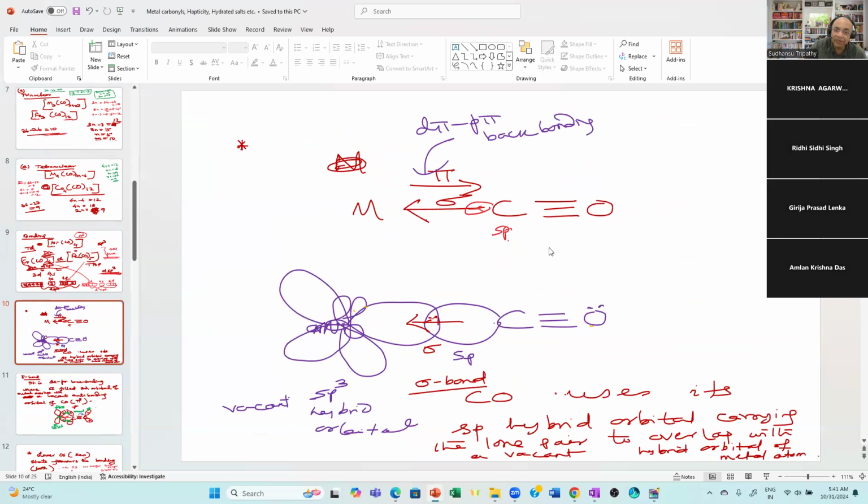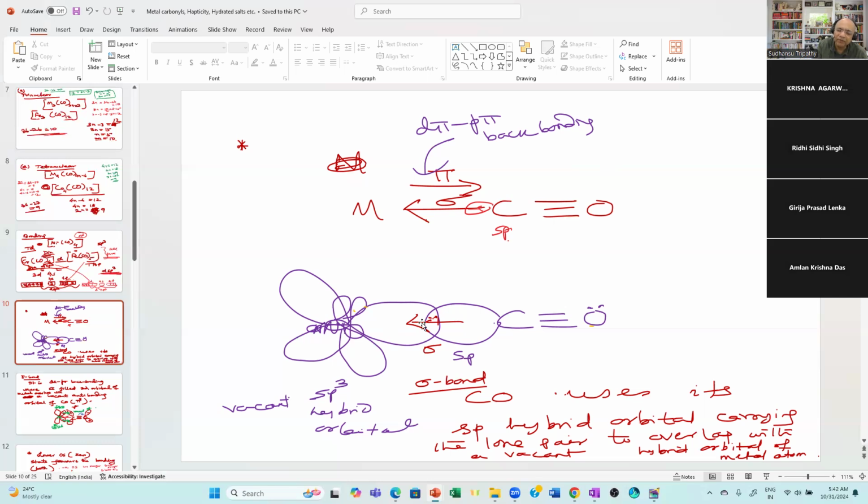But this is a pi acceptor. Its antibonding orbital, pi star, is ready to accept a sidewise overlap. So the metal uses its t2g electrons to sidewise overlap with a vacant orbital for pi bonding, and the ligand sigma orbital is used to form the sigma bond.